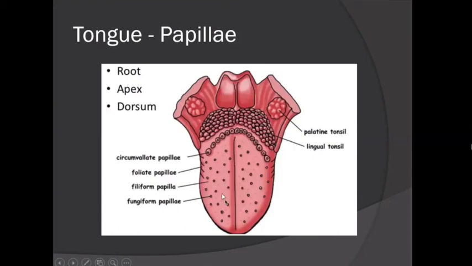They are the most numerous and abundant, especially in this area, very small, maybe 1,000, 2,000. The tips of them are keratinized, and because of that keratinization they feel rough. The roughness of the tongue is because of the keratinization in the filiform papillae.